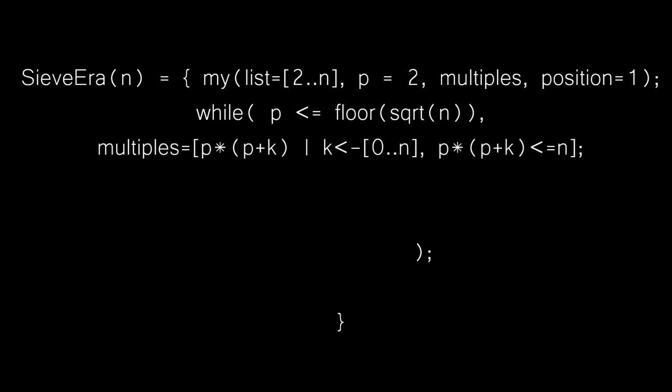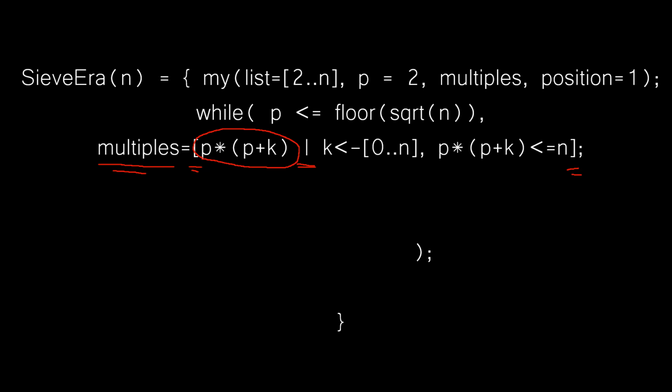Now, the multiples here are the multiples of p, and this is how you construct them. It's going to be a list, which is open bracket, close bracket. Then we talked about this earlier. This is the pipe symbol, and these here are the numbers that I'm going to produce. So this is p squared plus k times p. I factored it just to write it a little bit better.